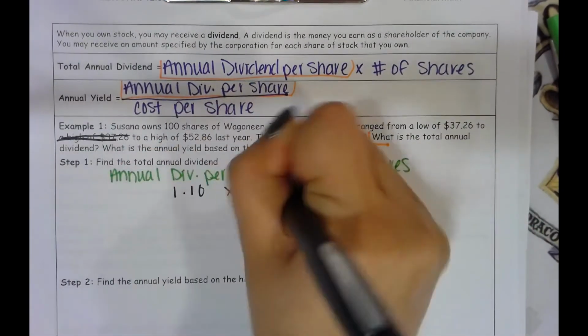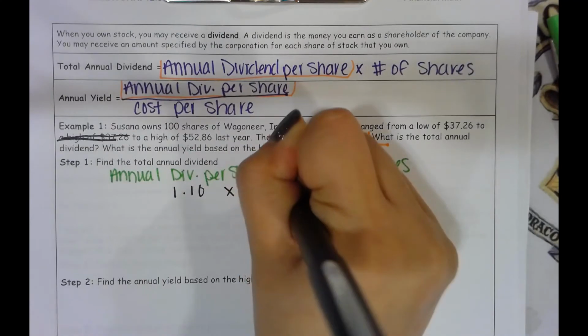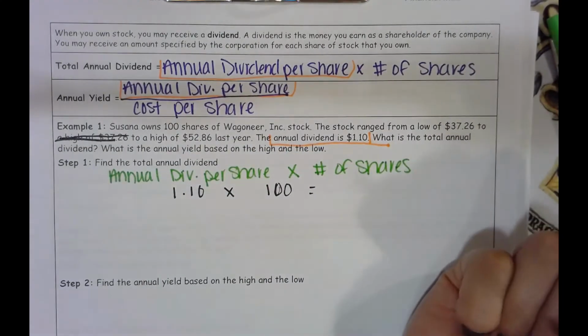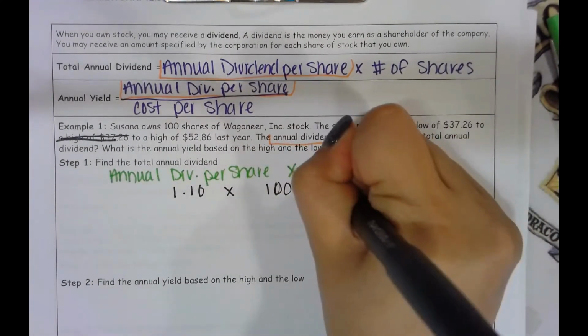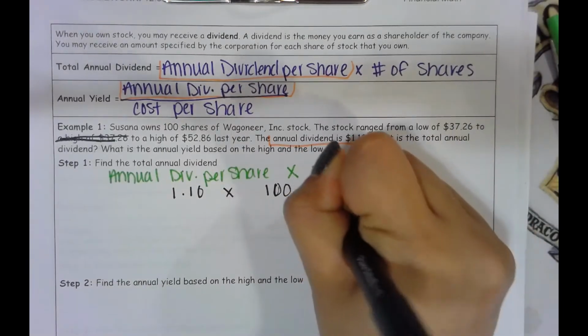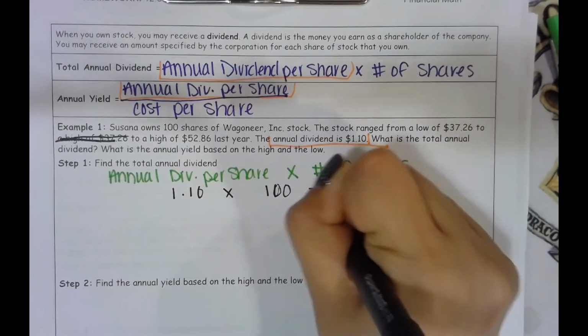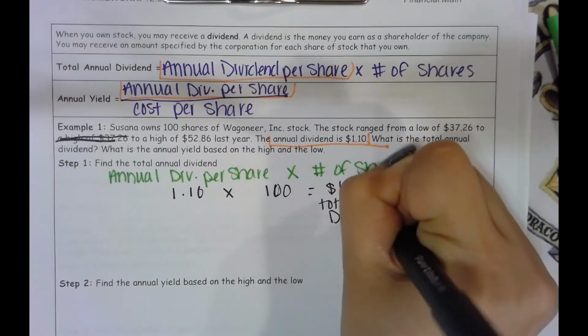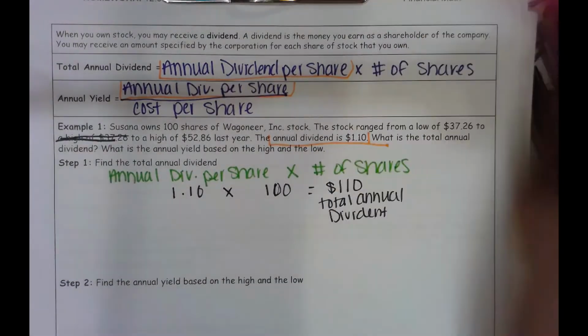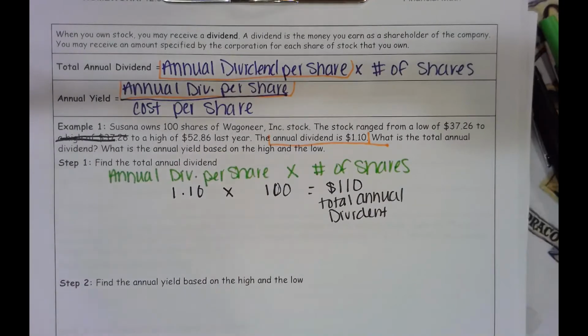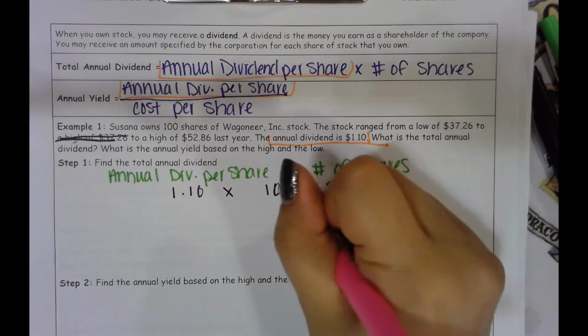If you have 100 shares in that, then it's going to be $110 as your total annual dividend. Now note that this question was asking you for the total annual dividend and the annual yield, so this will actually be one of your answers.